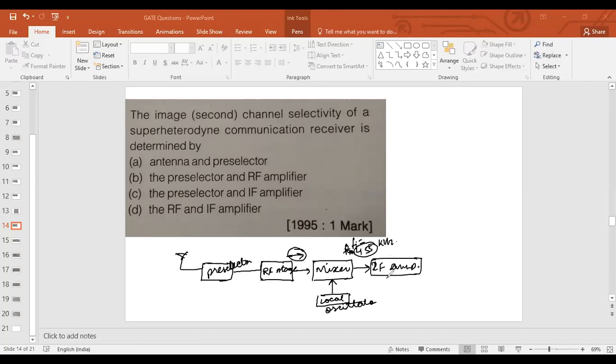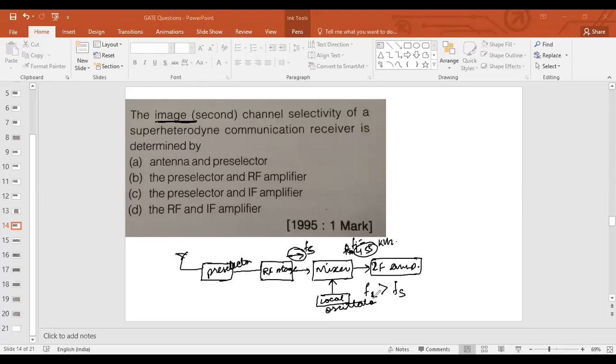Okay, so if the image reaches the IF amplifier, we have also seen what the image is. Always FL should be greater than the incoming signal. Suppose an incoming signal FS is coming. So the local oscillator frequency should be greater than the incoming signal frequency by the intermediate frequency, which is 455 kilohertz.